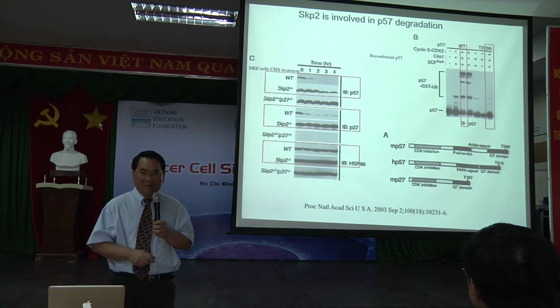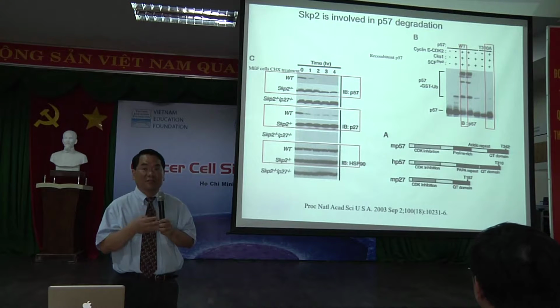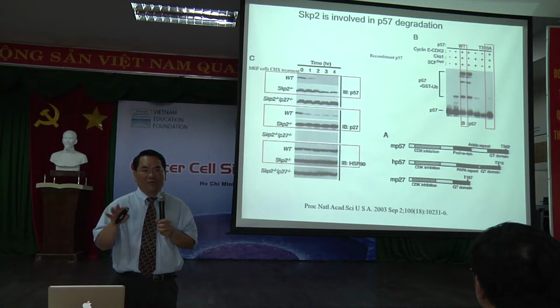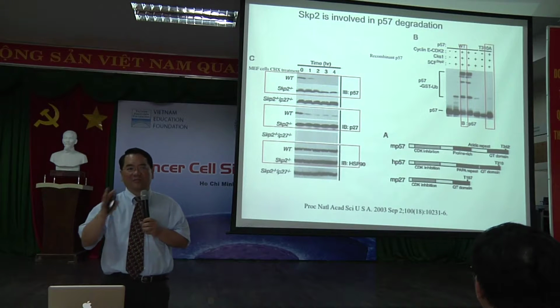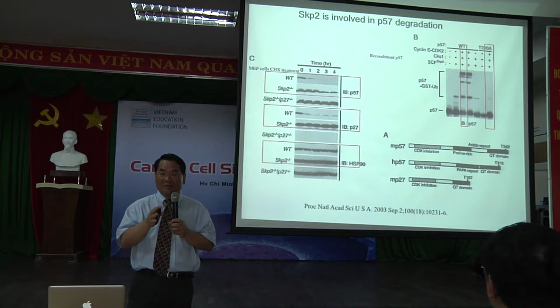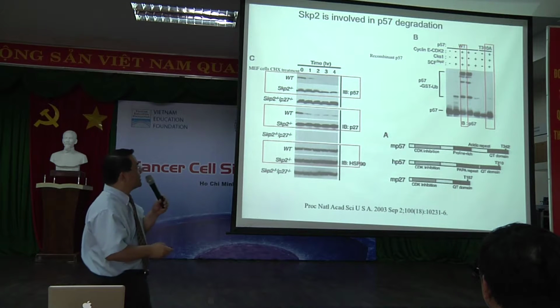Cycloheximide is a chemical compound that inhibits de novo protein synthesis, meaning inhibiting new protein synthesis. So the old protein is still there, but following the time course, the old protein may get degraded. If they are very stable, following the time course, you see less degradation. But if they have fast turnover, you see them degraded very quickly.